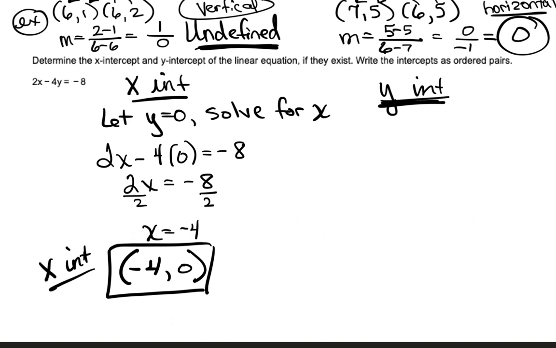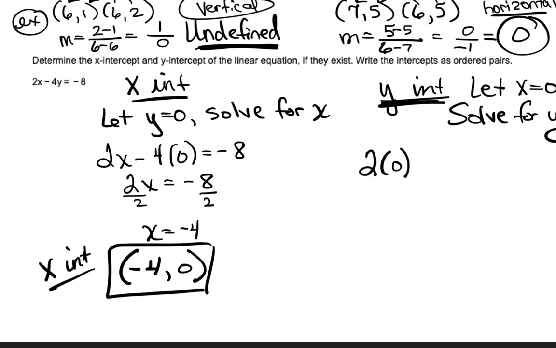The y-intercept is just the opposite, but same thing. So if you're looking for the y-intercept, let x equal 0, right? Solve for y. Same step, it's just the opposite one. So let x be 0. Take your original equation that's given to you. So x is 0.